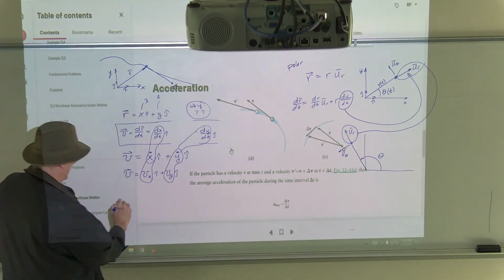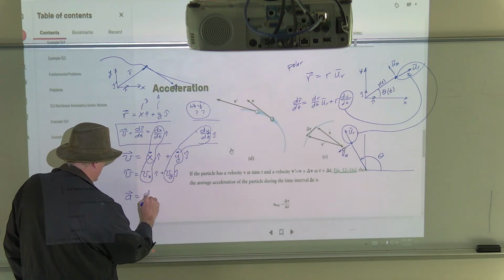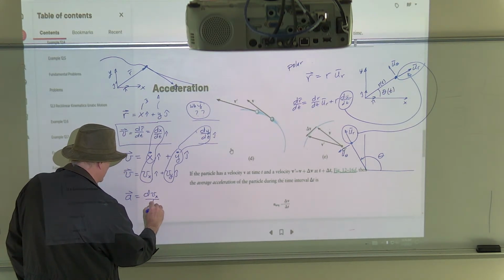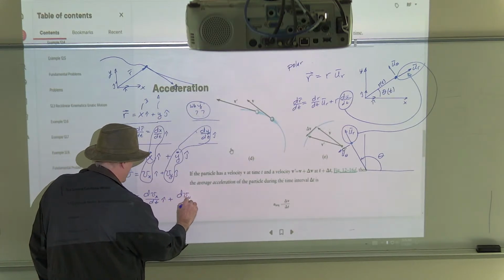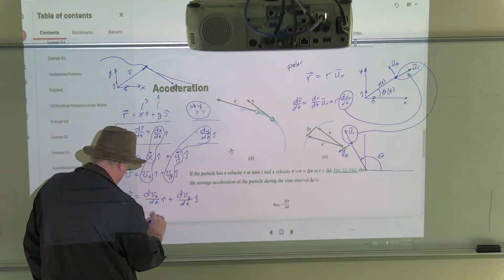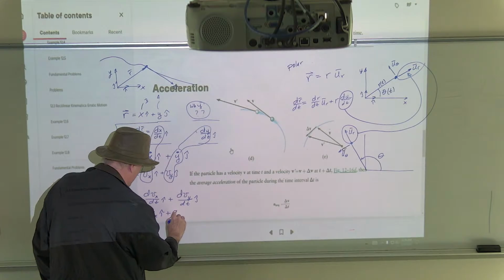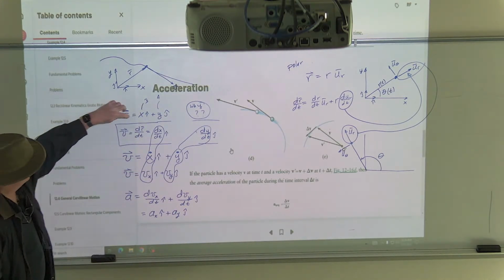And then the last thing is, obviously I don't even have to do this too much except to say dvx/dt i plus dvy/dt j, or you could write it as acceleration in the x i plus acceleration in the y j. So really, everything you've done before, you just work.